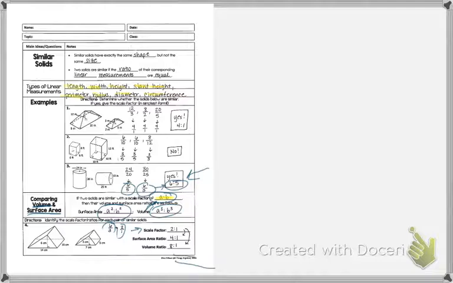What you're doing with surface area is, if you're going to go down to surface area, you have 2:1. So surface area is simply 2 squared to 1 squared, which is 4:1.